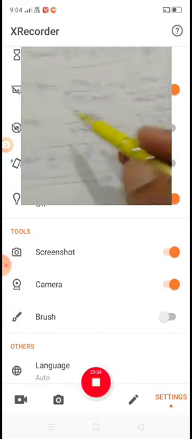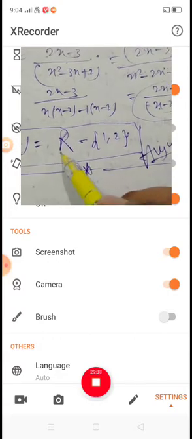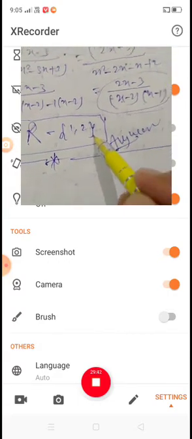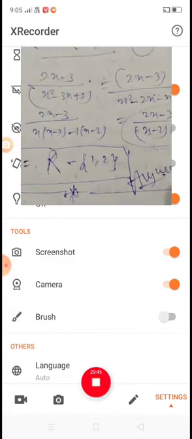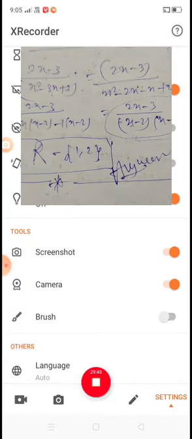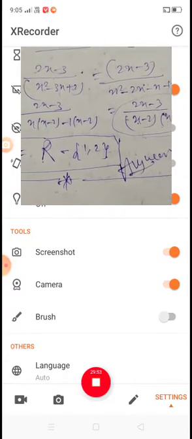So dear students, you solve all the questions of your NCERT exercise based on finding the domain of real functions.